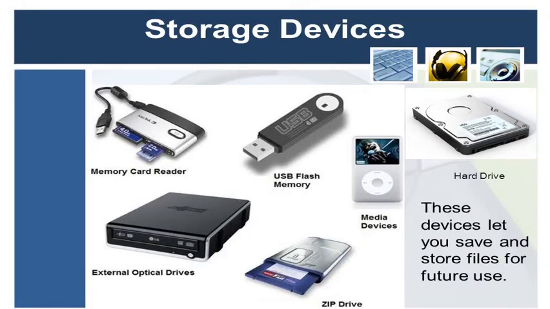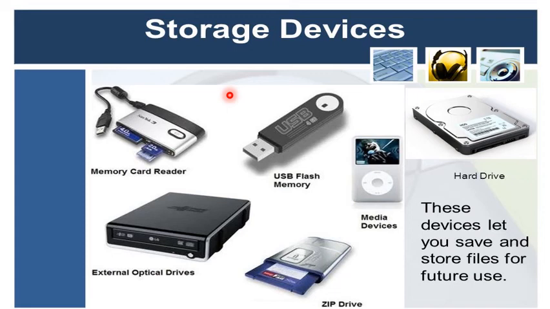So here are some examples of storage devices. There are two types of storage devices used with computers. One is the primary storage device, another is the secondary storage device. Primary storage has the example of RAM, random access memory, and secondary storage devices such as the hard drive. But we will not discuss them here in detail.